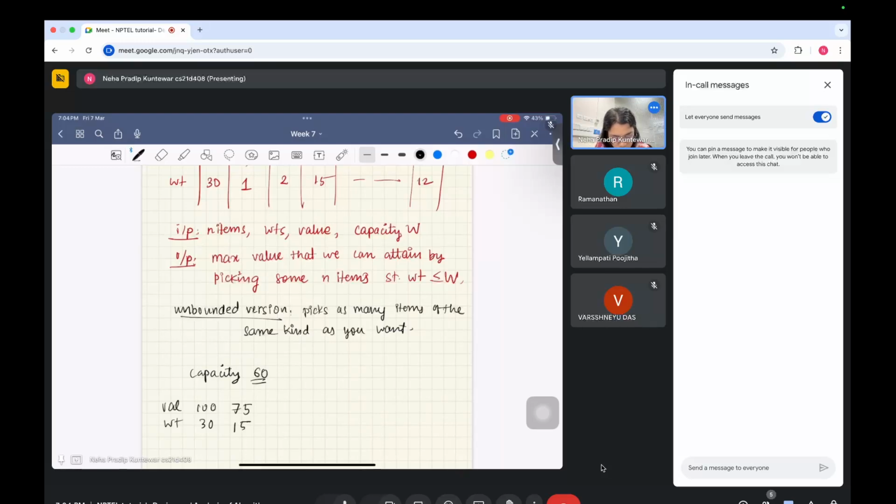You're saying sorting on values or sorting on weights? Sorting on values, right?